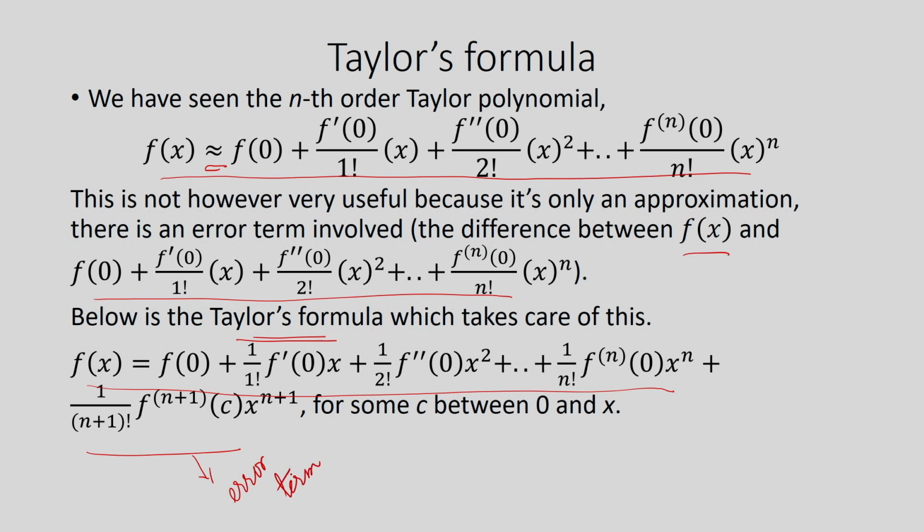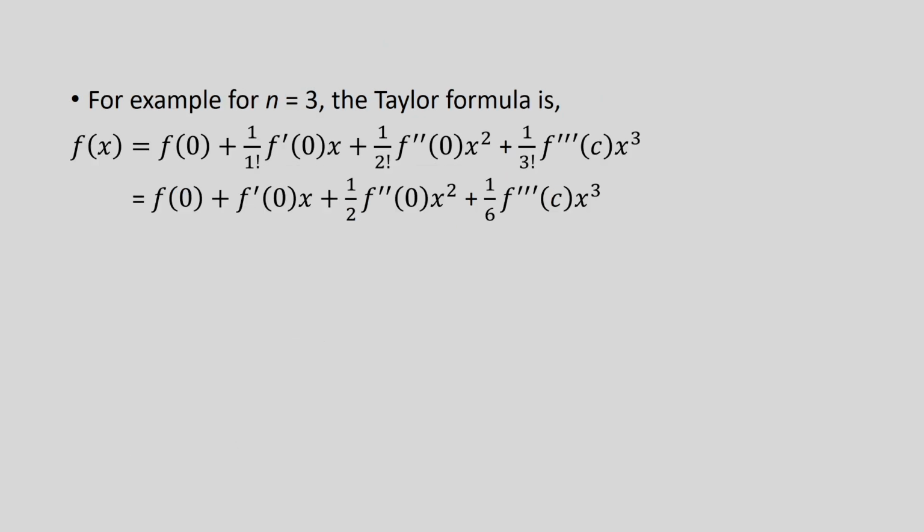The error term is given by f n plus 1 of c multiplied by x to the power n plus 1 divided by factorial n plus 1. And what is c? c is some value between 0 and x. So, for example, if you take any general function f x and if you take n is equal to 3, in that case the formula will be like this.